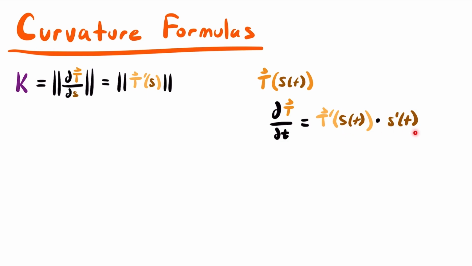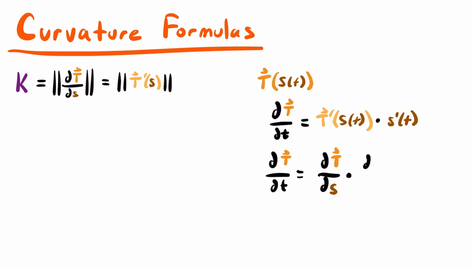Now, rewriting these derivatives in this same notation, here's what we'll get. dT/dt is equal to the derivative of the unit tangent with respect to the arc length function. We can rewrite that as dT/ds. So we have dT over ds, and then that would be multiplied by the derivative of s with respect to t.